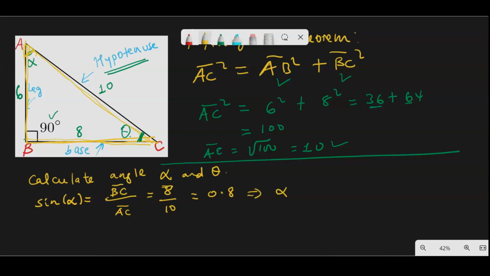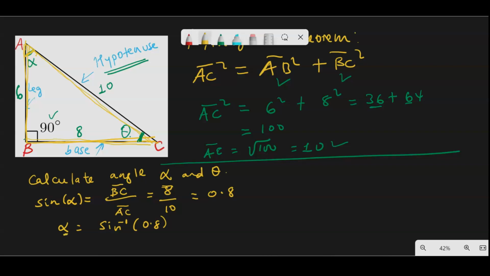Then what does this 0.8 mean? Alpha is equal to sine inverse of 0.8. Whenever we are doing trigonometric functions, we need to convert the ratio into an angle.